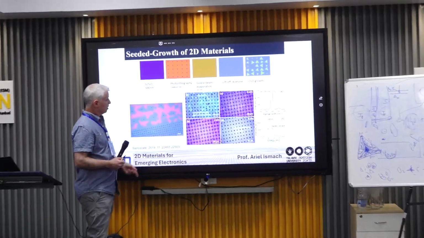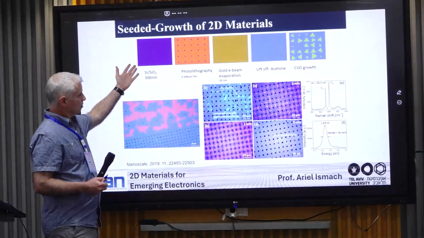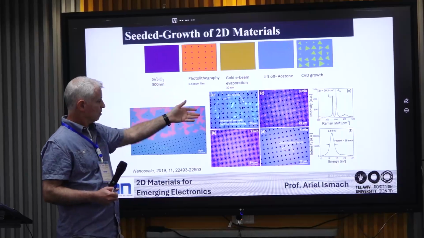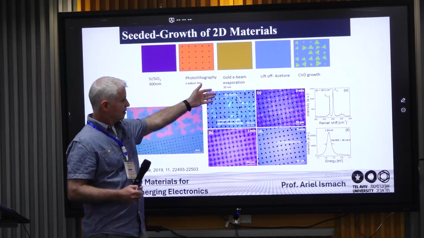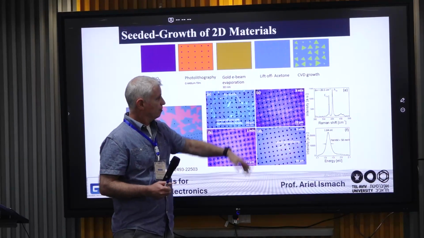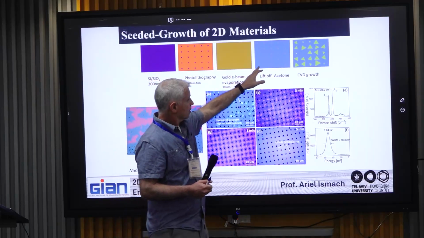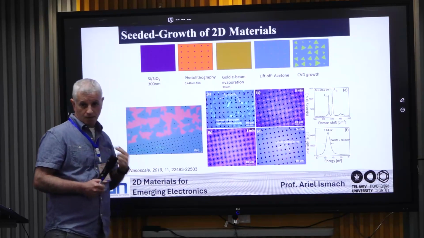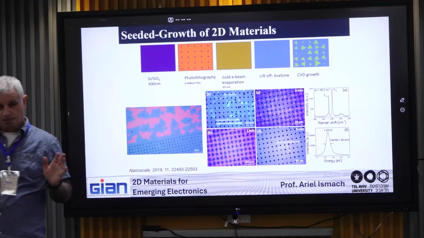also only on the seeds. So basically you start with a silicon or whatever substrate, then you do photolithography, imaging lithography, evaporation, metallization, and liftoff, and then you eventually get micron scale seeds. We use micron scale seeds.